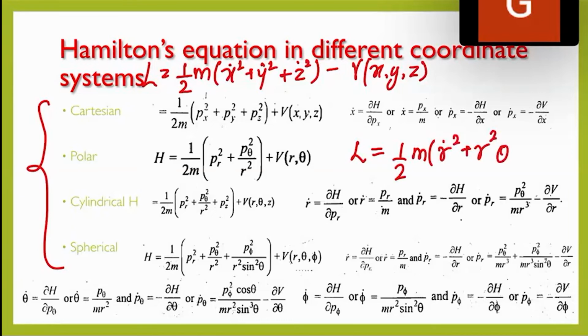Not just this; this is your kinetic energy, minus V of r comma theta. This will be your Lagrangian for a free particle expressed in polar coordinates, if I take my generalized coordinates in the form of polar coordinates.